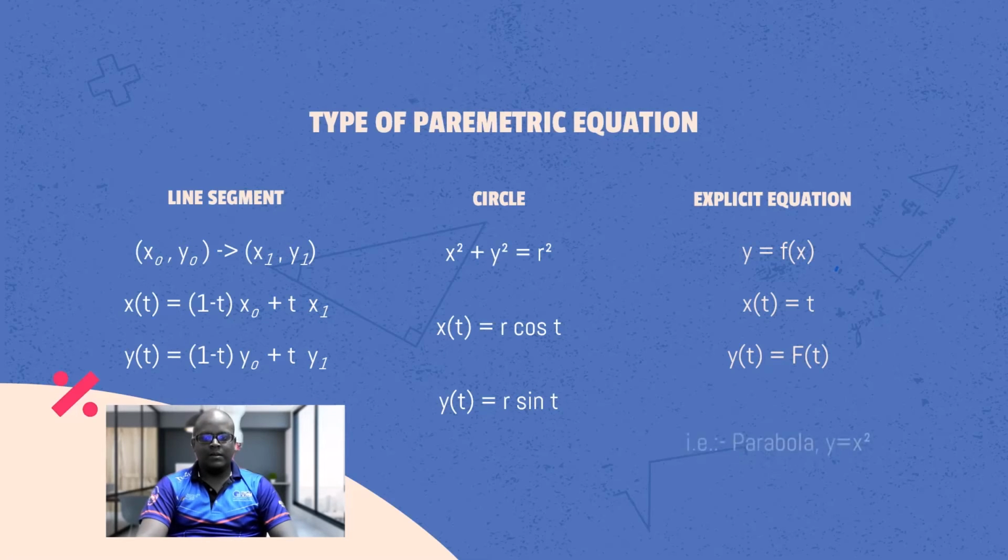For example, in a parabola y equal to x squared, x(t) equal to t and y(t) will be equal to t squared, because when we substitute x(t) inside y equal to x squared, it becomes t squared.